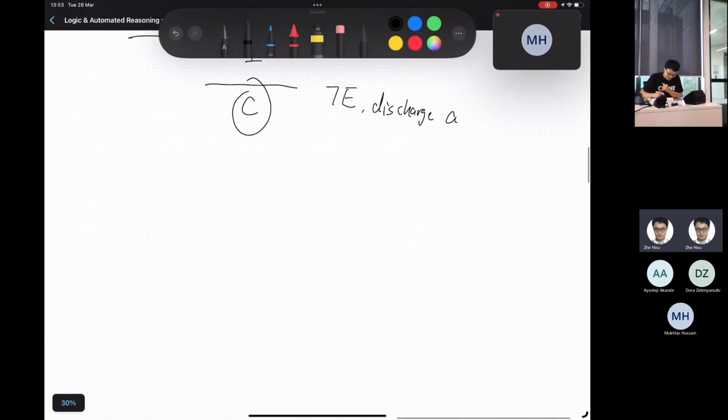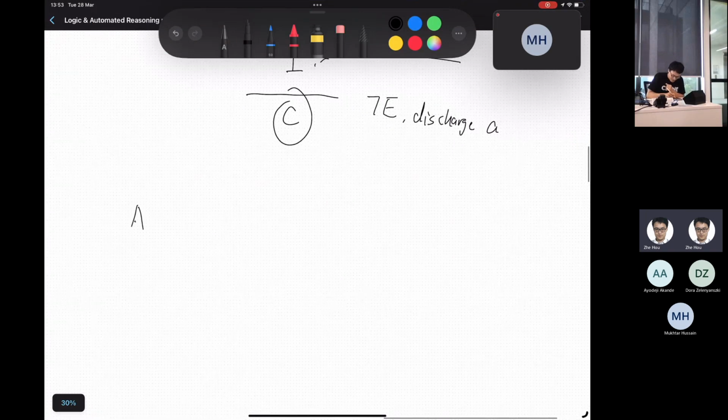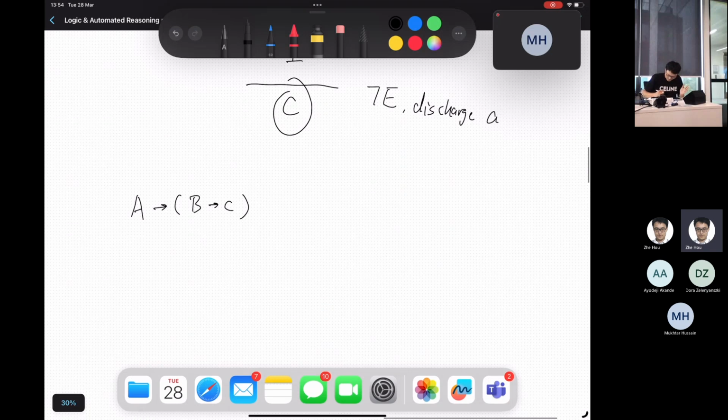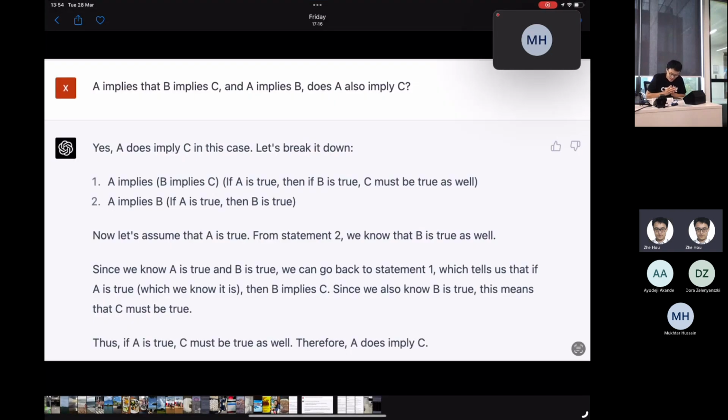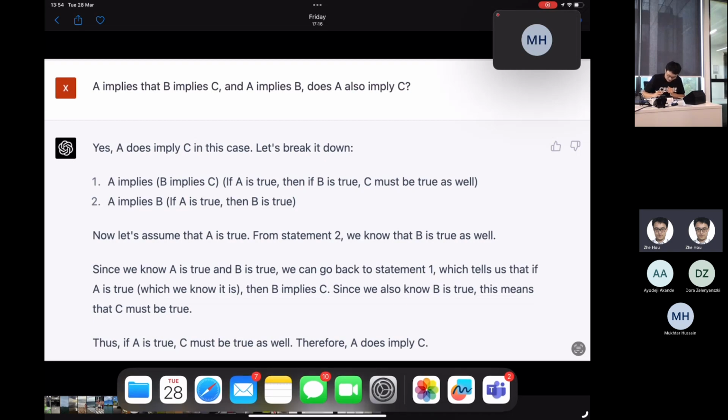So what we should be writing there is A implies that B implies C. That's what the first part is about. Second part says A implies B.